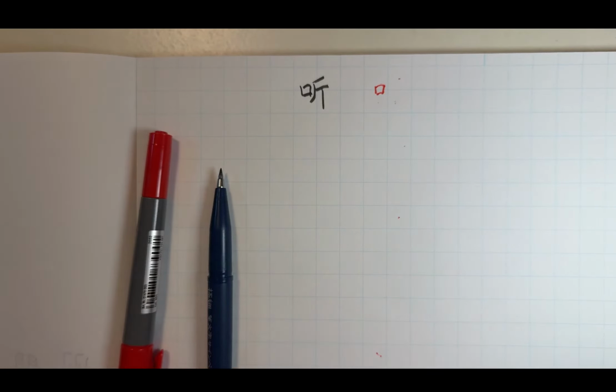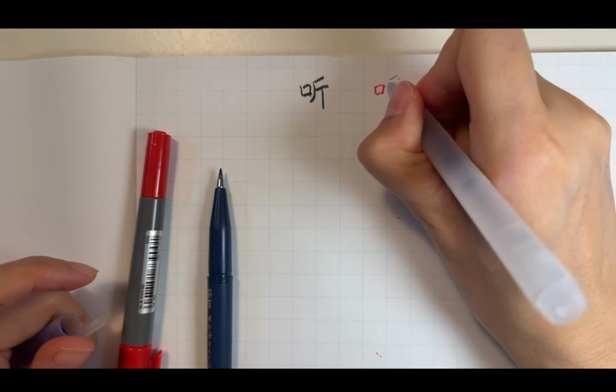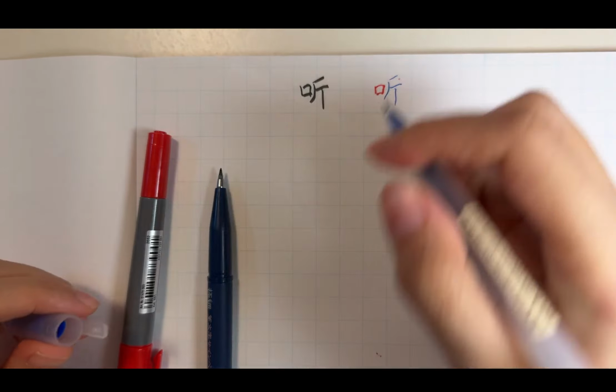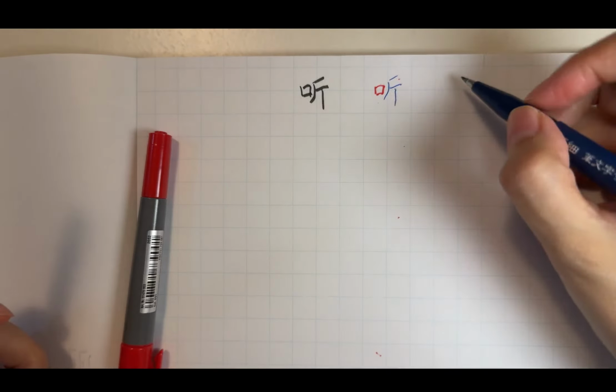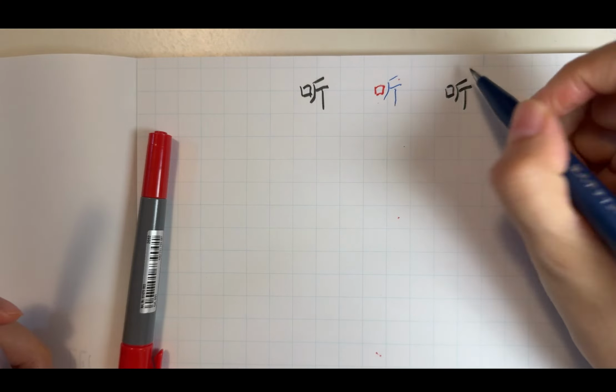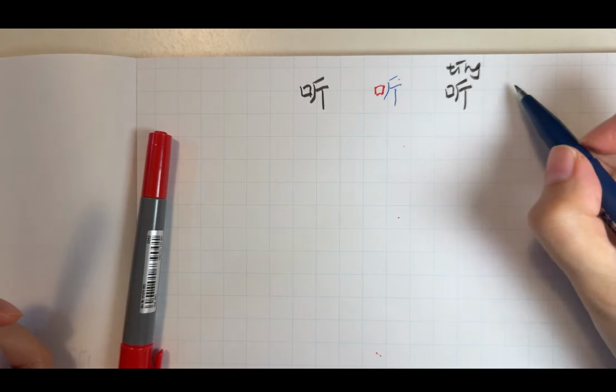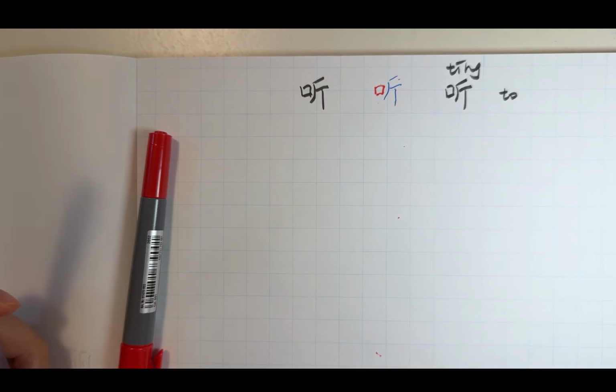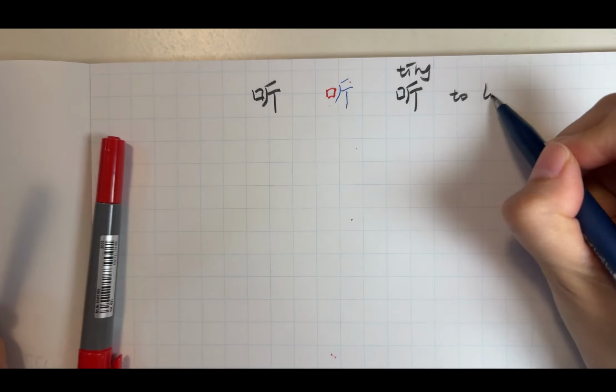So we write the 口 and followed by 斤。So that is our 听。听 is to listen.